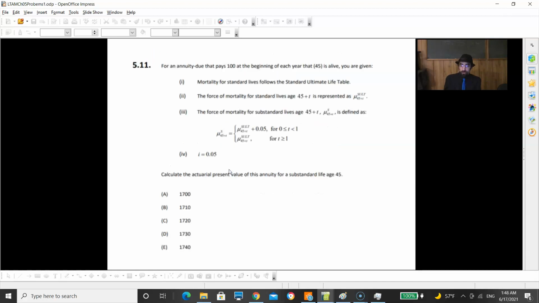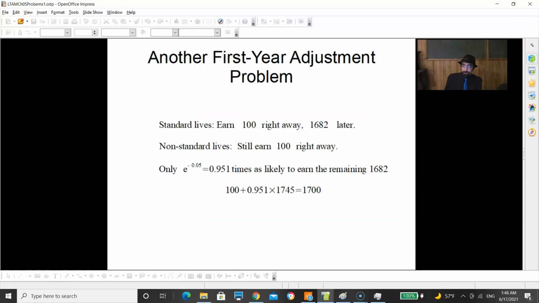Or alternately, you could say, fine, I could take the negative natural logarithm of the ratio of L46 to L45, add 0.05 to that, do e to the negative that much, and get the probability that way.